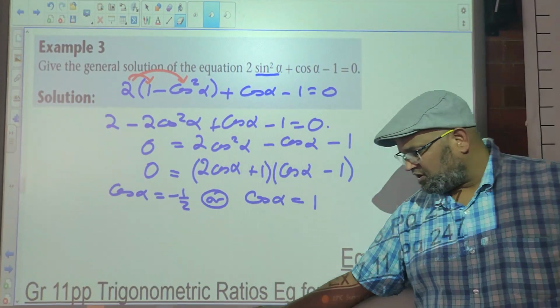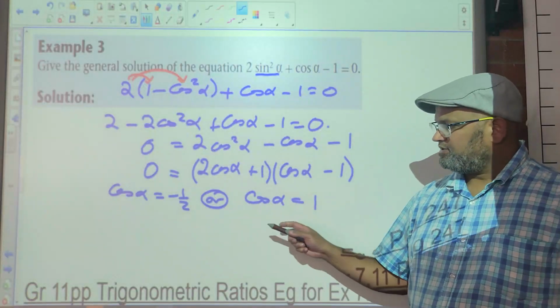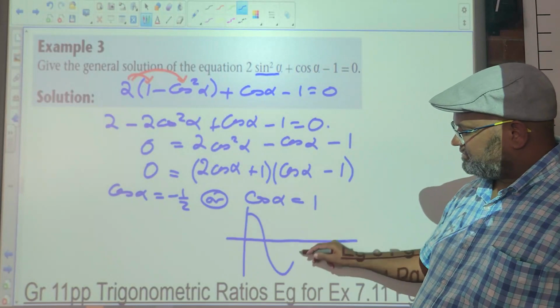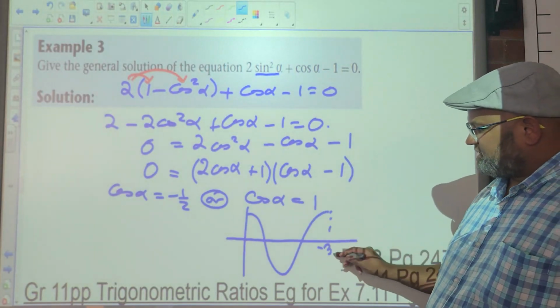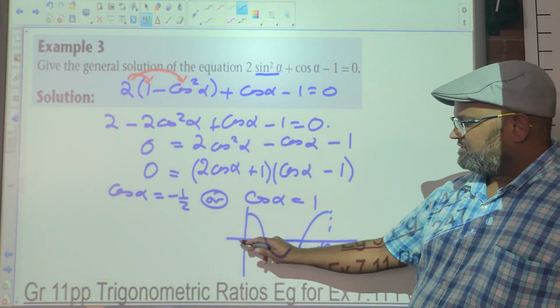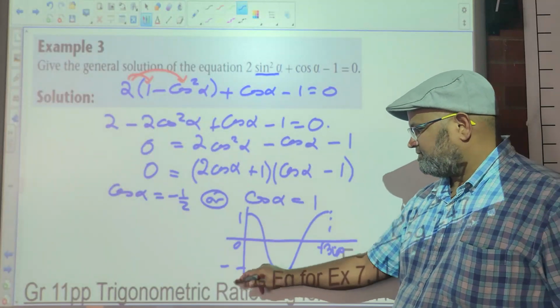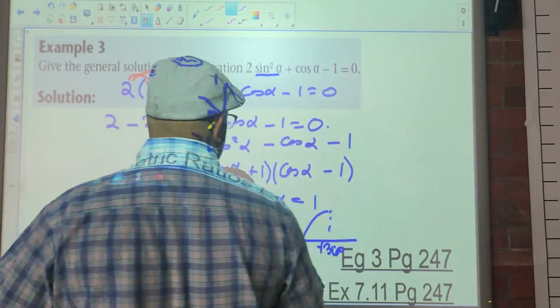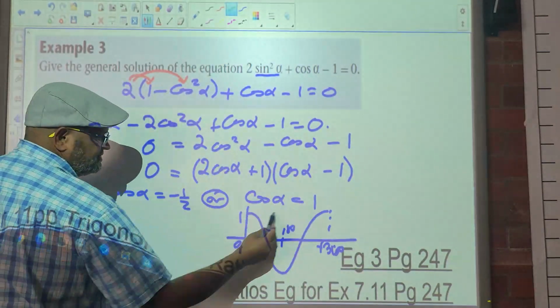Take it to the graph. Which graph are we going to draw for this one? The first graph. So see at 1. That's negative 360, 0, 360, and 1, 0, minus 1. So where is cos of alpha equal to 1?